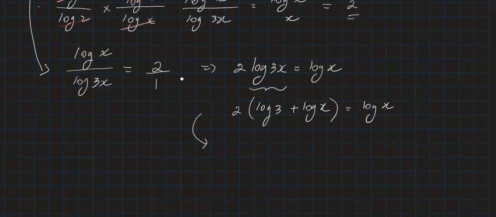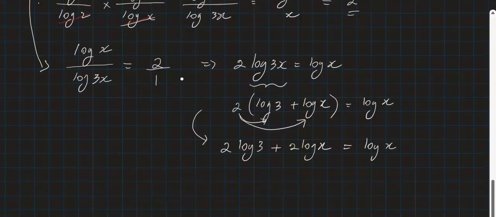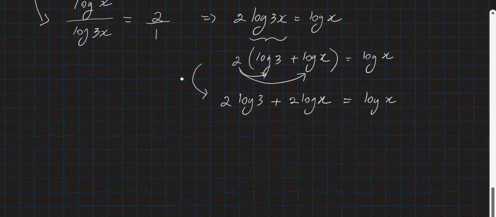Now, as we're doing this, we need to go ahead and simplify more. So here it is, 2 log 3 plus 2 log x. We are using a distributive law right there, multiply right through each term inside the bracket, and the right hand side stays the same. Now that we have that, we're going to isolate the variable.